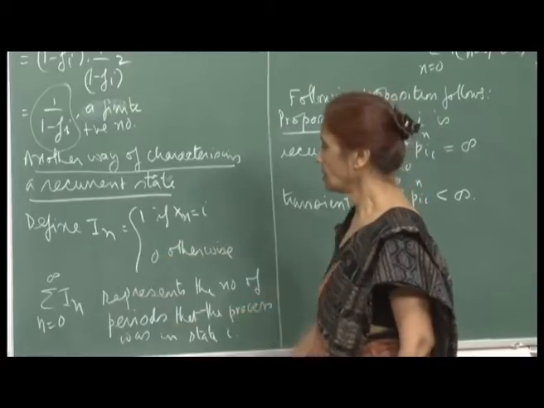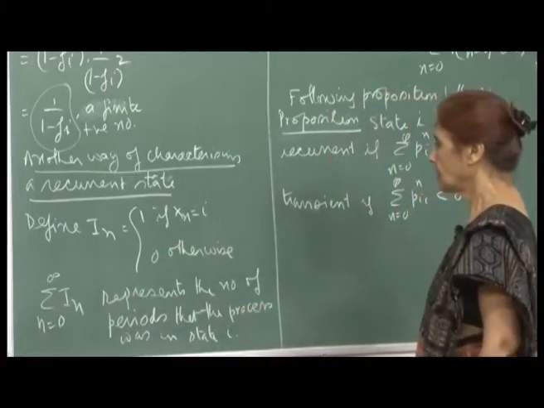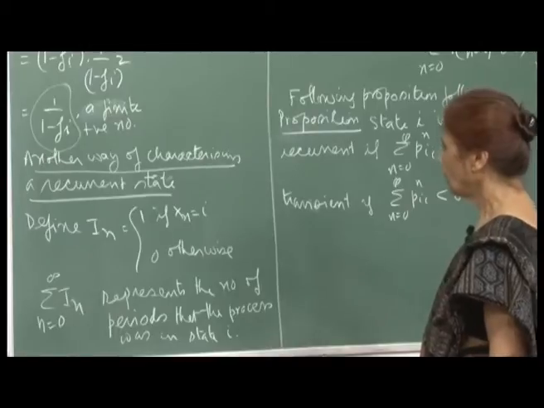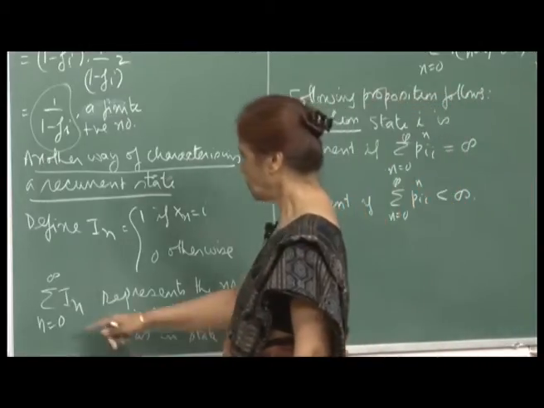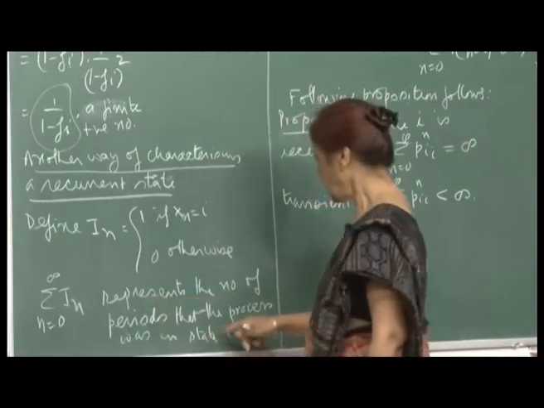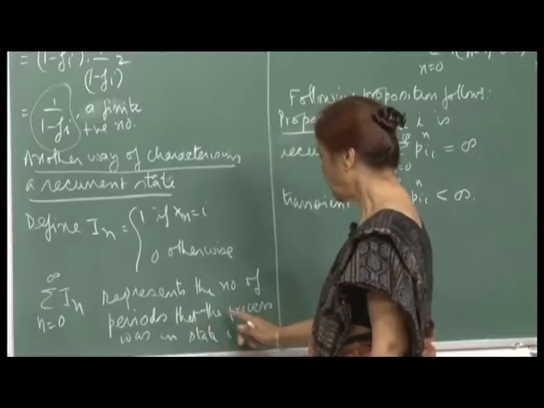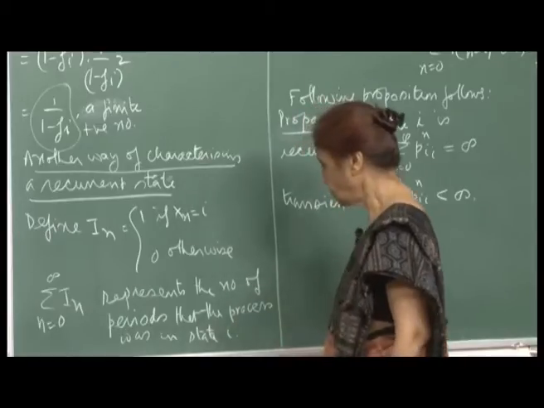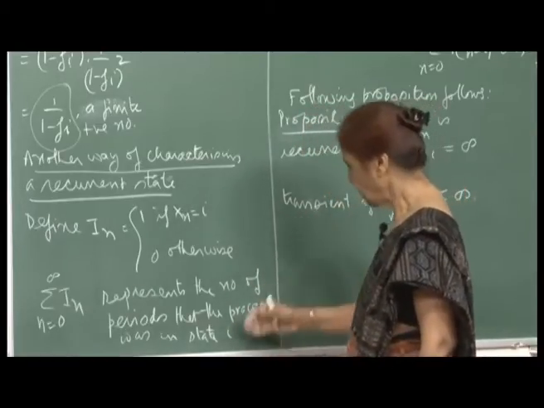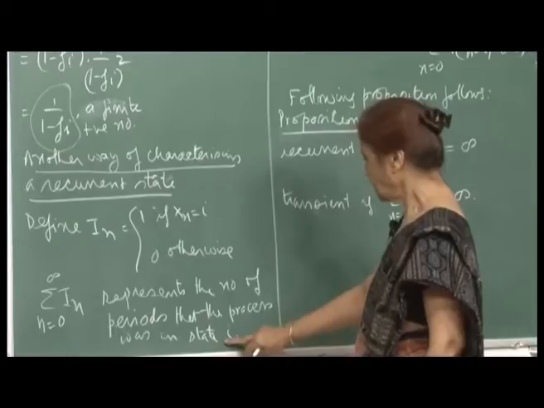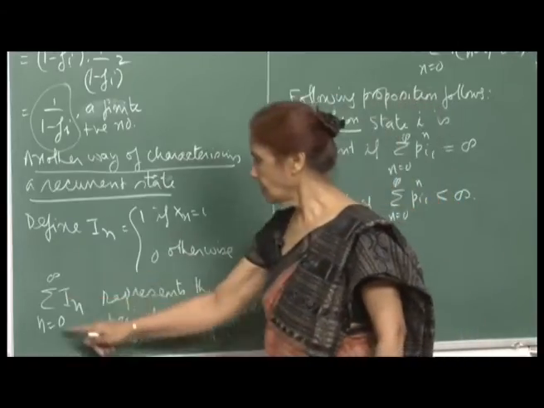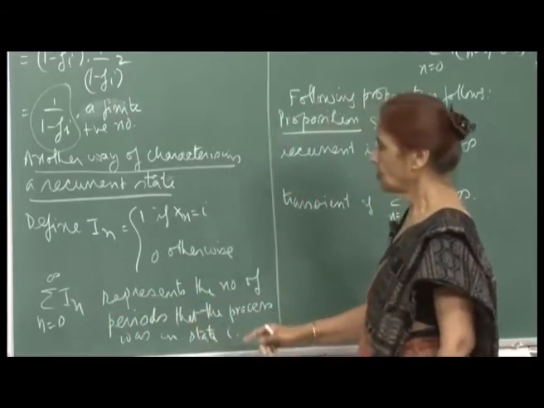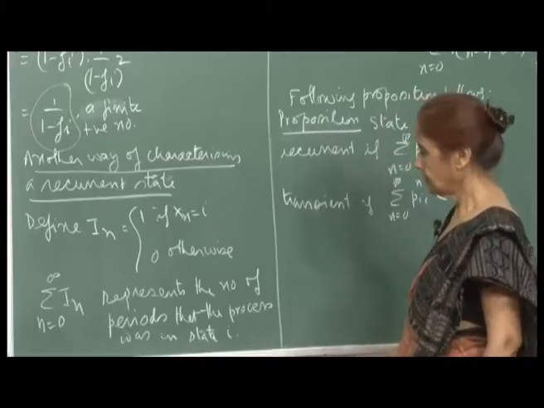This is an indicator variable, and if you add up the sum of I_n from 0 to infinity, this will represent the number of periods that the process was in state i. So, starting from time period 0, the initial time, this will count the number of times the system was occupying state i.